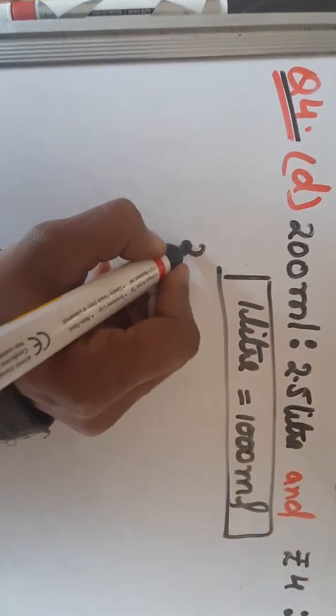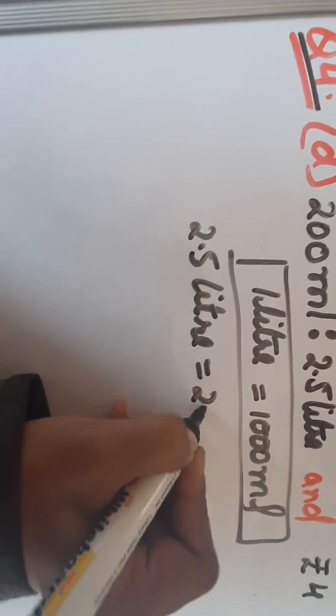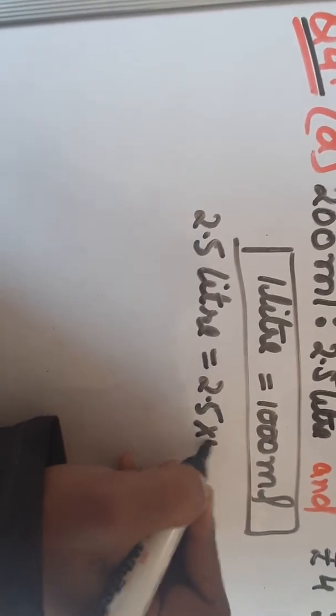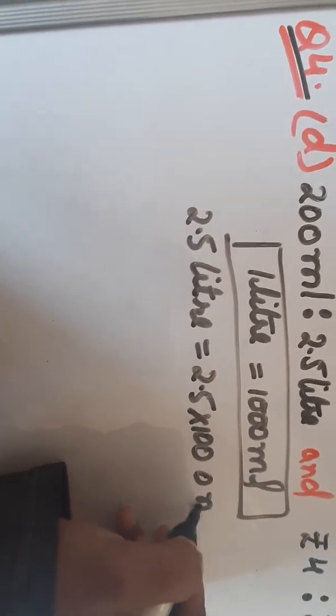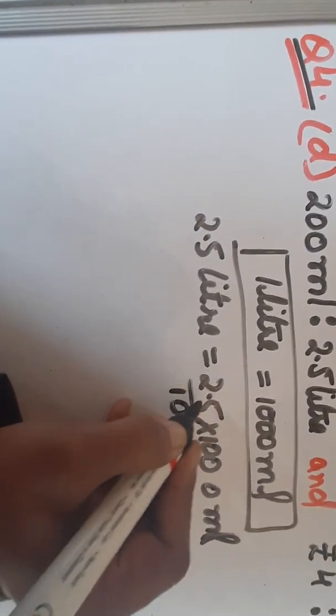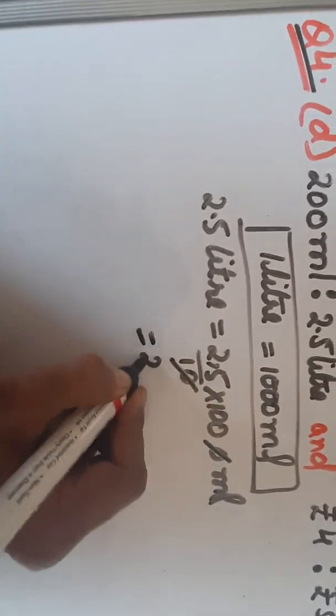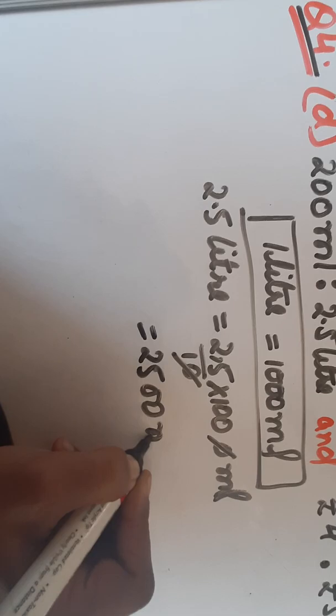So 2.5 liter, when we convert it into milliliters, 2.5 will get multiplied by 1000 and it will become milliliter. So remove the decimal by placing 10, it will get cancelled out. So after converting we'll get 2500 milliliter.